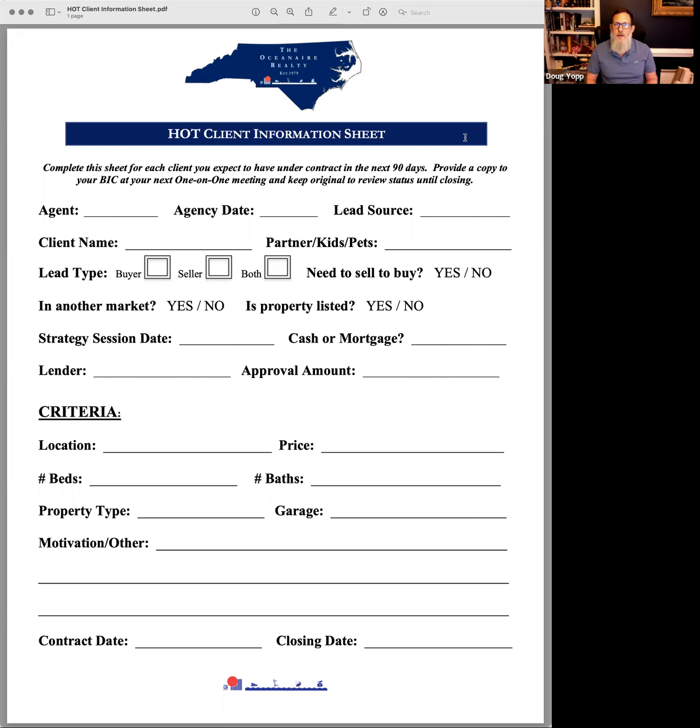Because either A, you're going to do a really great job of getting a bunch of people into the hot category, and then you're going to be writing contracts left and right, or you're going to be putting people there and you're going to continue to add people there without writing contracts. And it's because you're not getting the right information that you need to properly help them move along throughout the process. So a little bit of it is us being honest with ourselves.